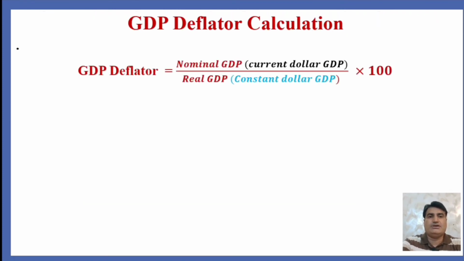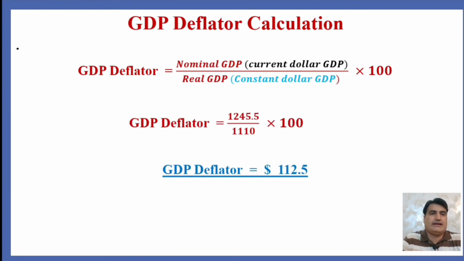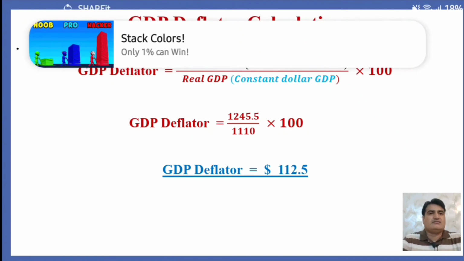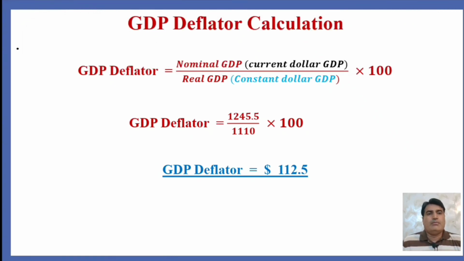As we know, the GDP deflator is a measure of rise in inflation, and it is the ratio of nominal GDP to real GDP multiplied by 100. The nominal GDP we calculated for 2016 is $1,245.5 and the real GDP was 1110, multiplied by 100. So the GDP deflator is equal to 112.5.